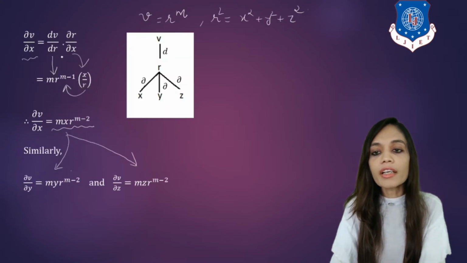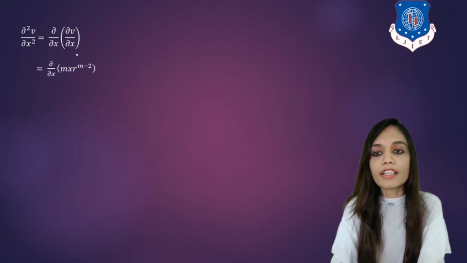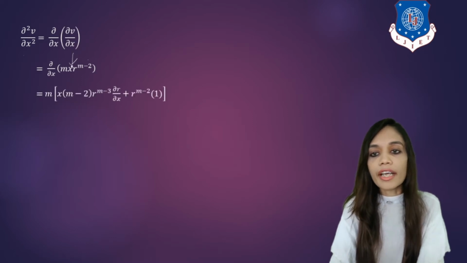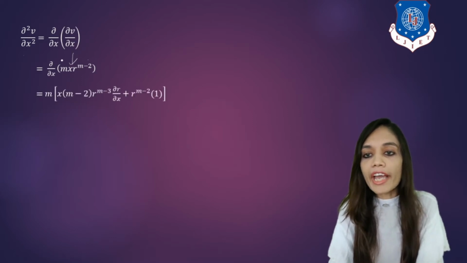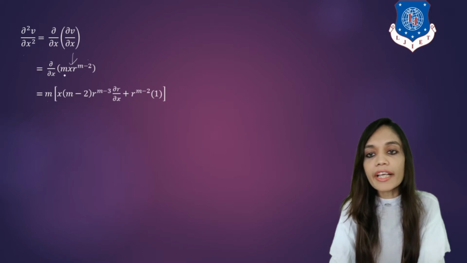Now let us find del square v upon del x square, that is equal to del by del x into del v by del x. Just put the value of del v by del x, which is equal to m into x into r raised to m minus 2. Now we have to find the partial derivative with respect to x, right? So here we will put m as constant and outside and apply uv rule.